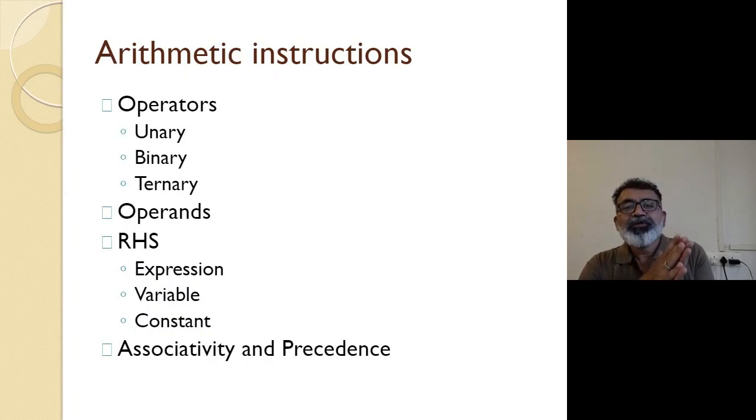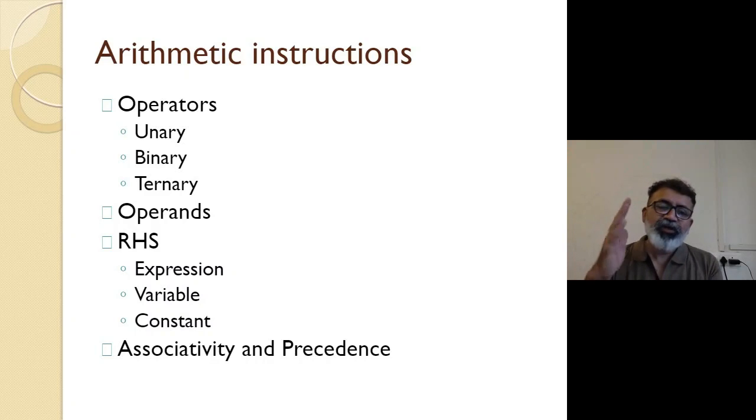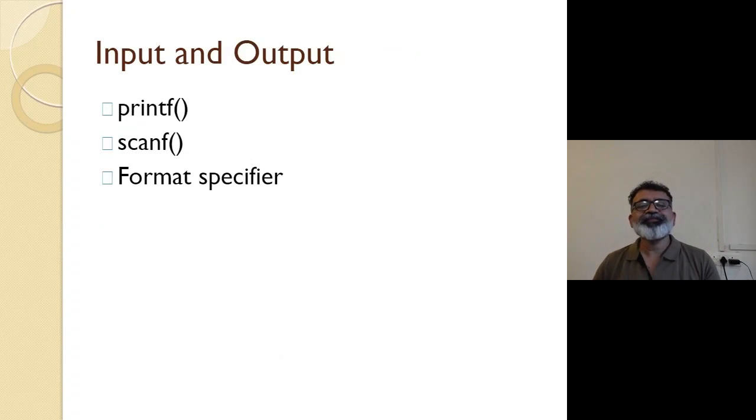Various rules are there as far as associativity and precedence are concerned in C language. We will discuss in detail all these arithmetic instructions. And there is input output, so the printf function is there, the scanf function is there, and format specifier is there.